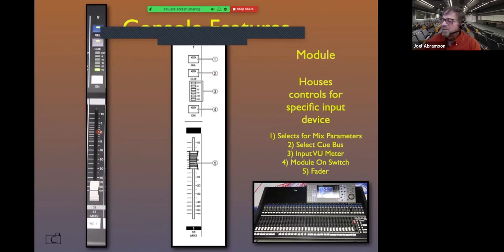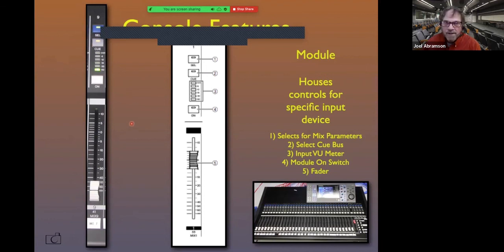If you want to run it softer, you can go down this way, and if you want to run it a little louder, you go up that way. This blue button up here is where we can select the control part of that, the mix edit section. This is just for a cue speaker that's somewhere off the side of the board.